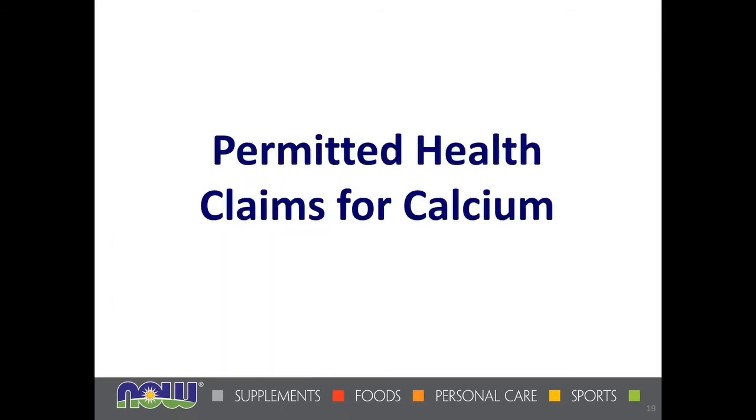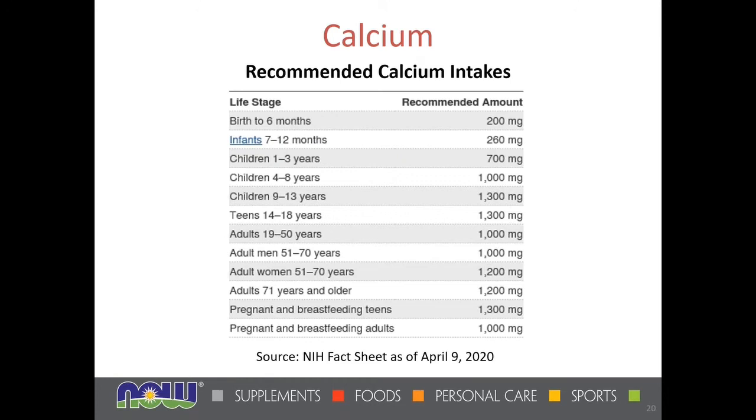There are some health claims for calcium that you will see on product labels, and these are regulated by the Food and Drug Administration, the FDA. The recommended intake varies from 200 milligrams a day for young infants to 1,300 milligrams a day for pregnant and breastfeeding teens and children who are still accumulating calcium.